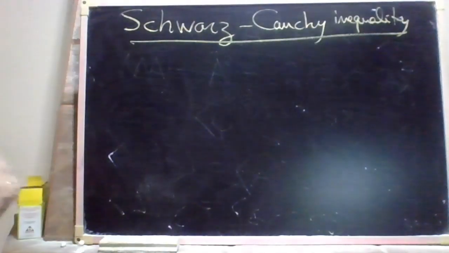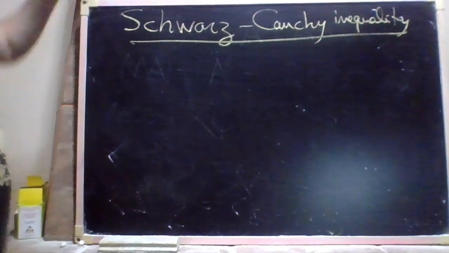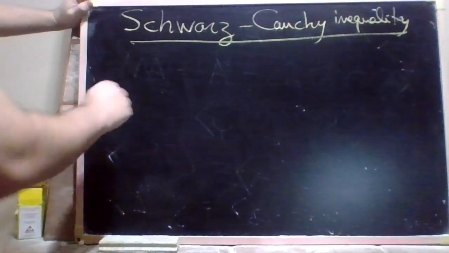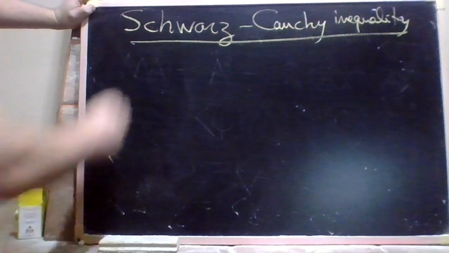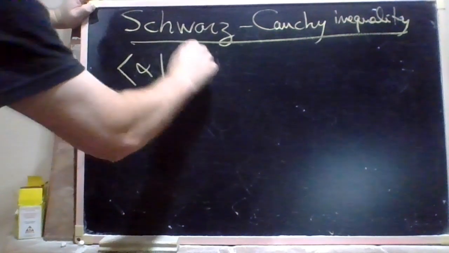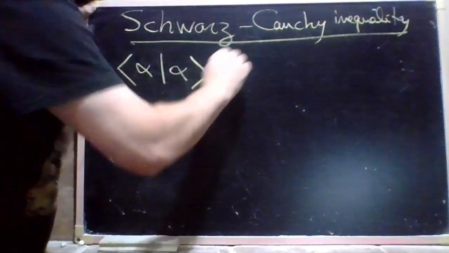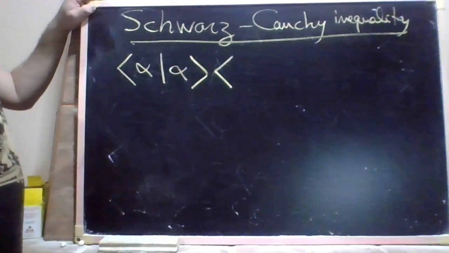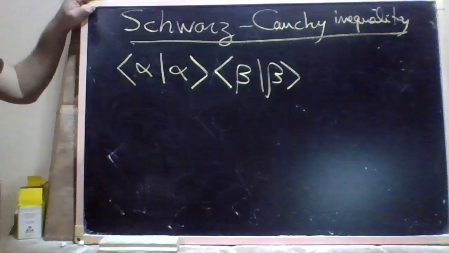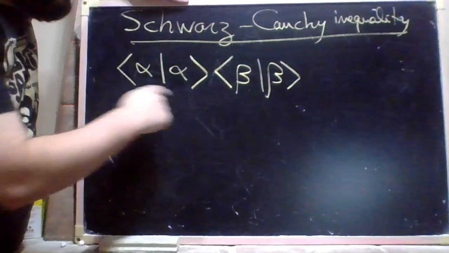And this inequality is related to scalar products. Here it's better to work with scalar products. Say you have an alpha vector, you project it to itself, and you can pick a beta vector, project to itself. In quantum mechanics, this will give you one, the unity.